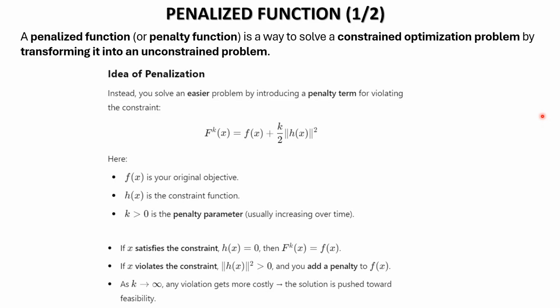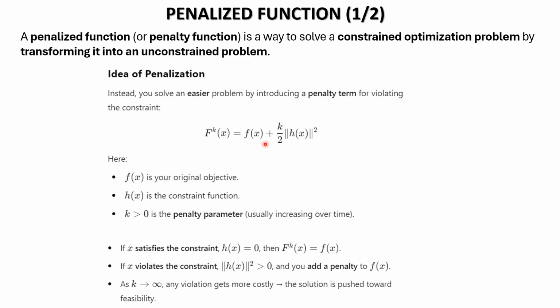Let's consider here some idea of penalization. This is an explanation for my students. A penalized function, or penalty function, is a way to solve a constrained optimization problem by transforming it into an unconstrained problem. So the main idea of penalization: instead of the constrained optimization problem, we solve an easier problem by introducing a penalty term for violating the constraint.